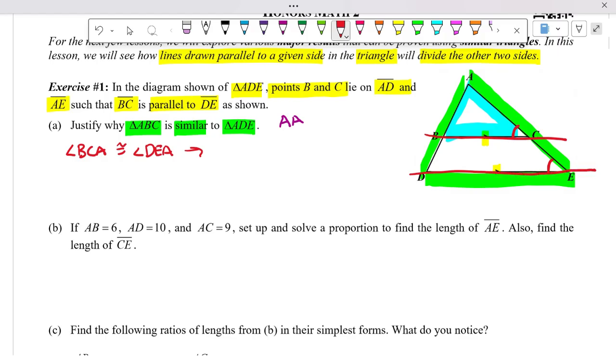Now you can see clearly where the transversal is. So why are those corresponding angles? What's true about corresponding?